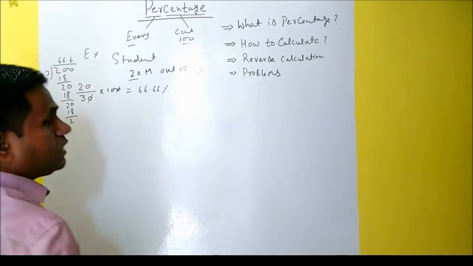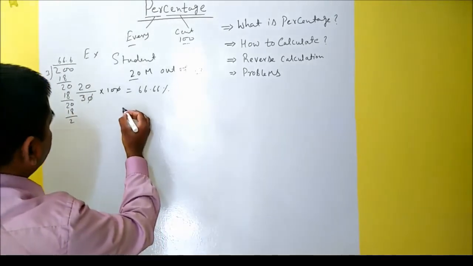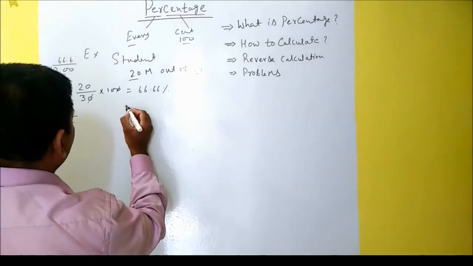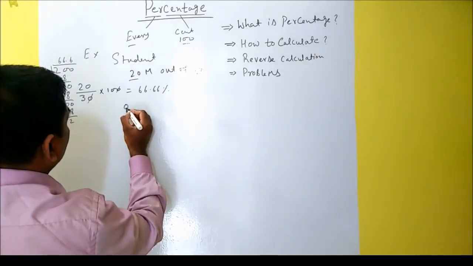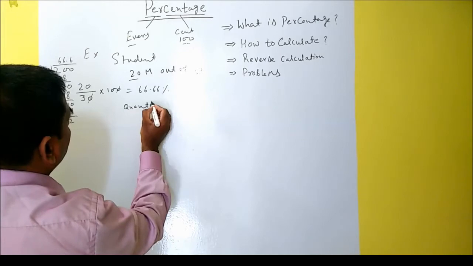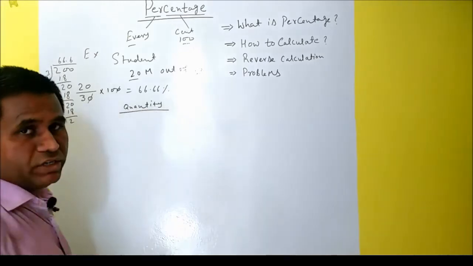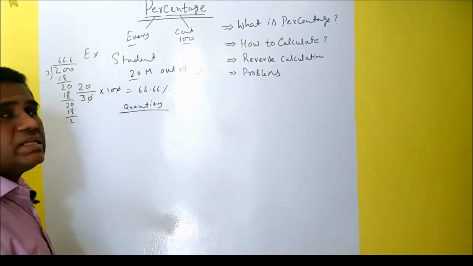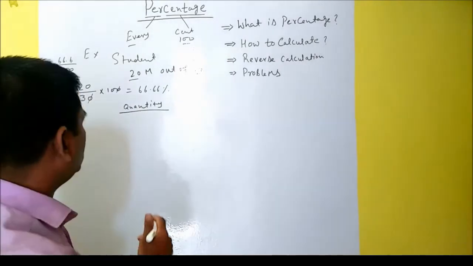So in the formula, the marks obtained, or the number for which we are going to calculate the percentage, we'll write here as quantity. Then this quantity is out of how much?